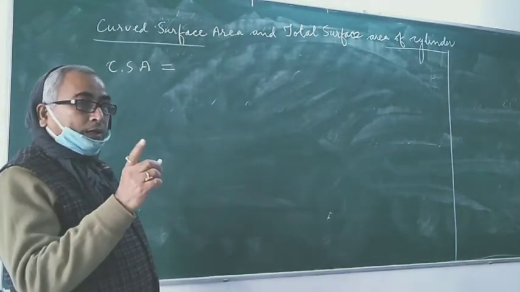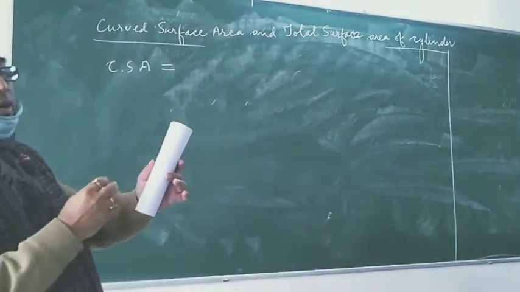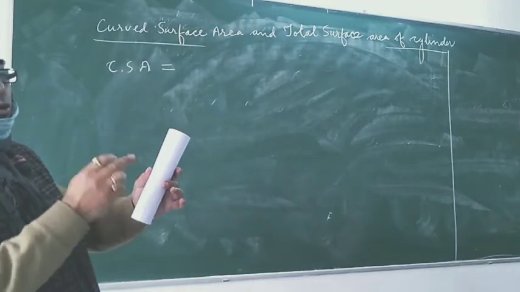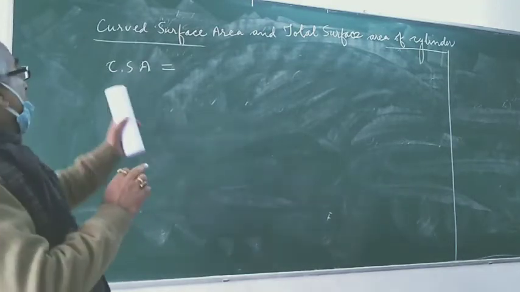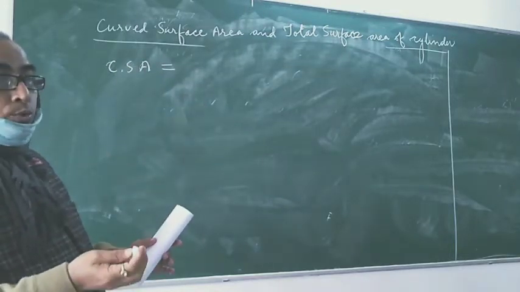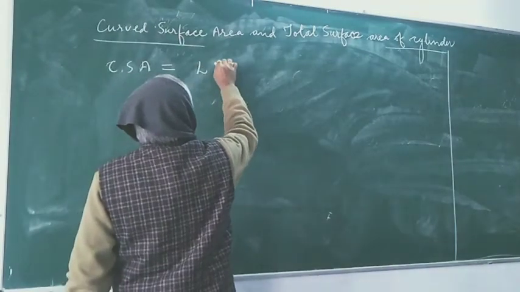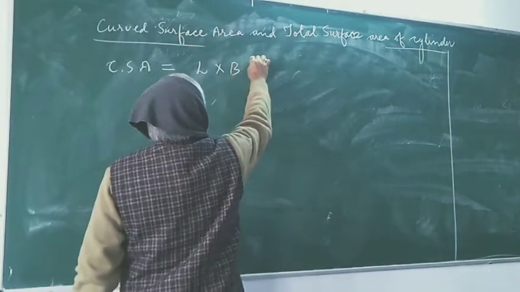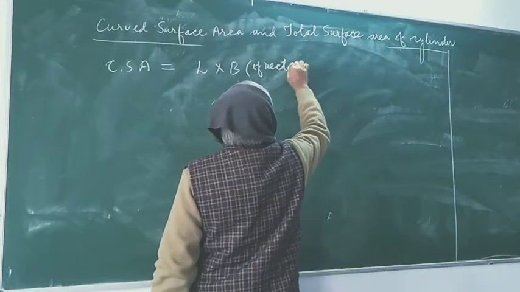Because this is just converted from a rectangular sheet to a right circular cylinder, the CSA of the cylinder will be the same as L into B of the rectangular sheet.